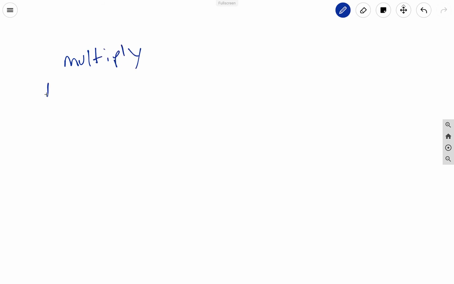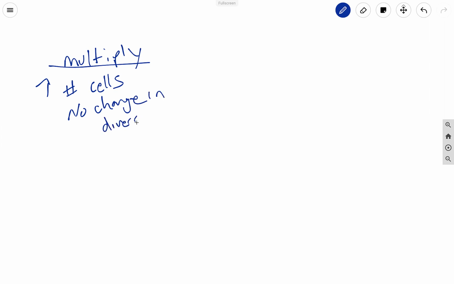So let's do a little summary. In order for a bacteria to multiply, it's going to increase the numbers of cells, but these are going to be clones, so there's no change in diversity. The only process that does this is binary fission.